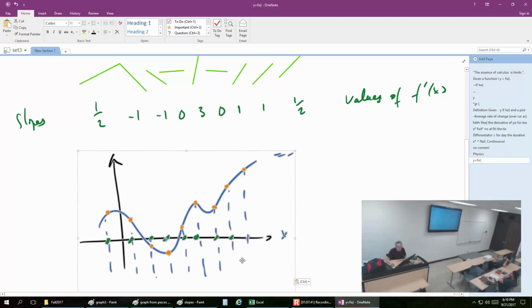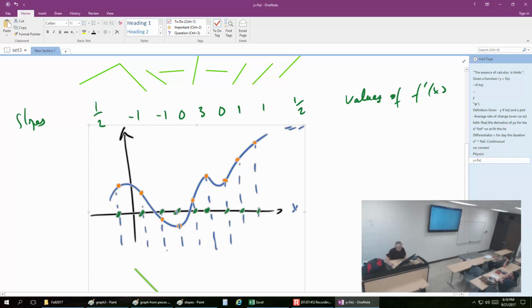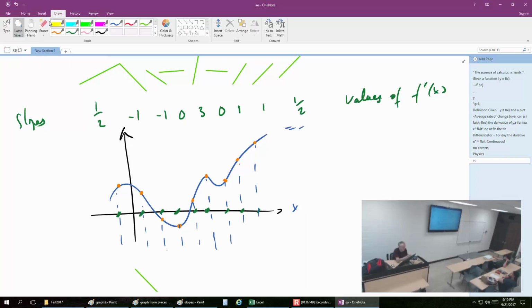We just paste it here. Now I will delete what we don't need anymore. I delete the graph. In fact, these are also of no consequence now. These were the values of the original function. All I care about is the values of x. Now I'm taking these values of x and plotting the values of the slopes.